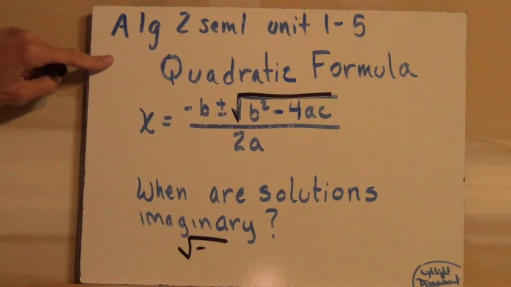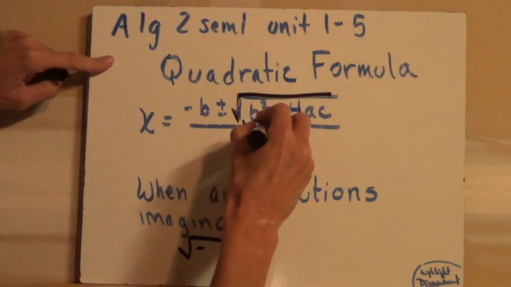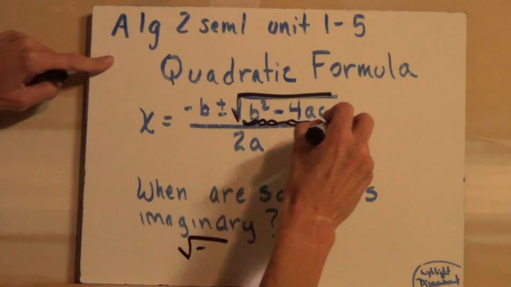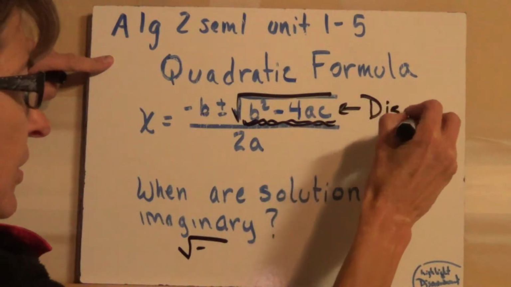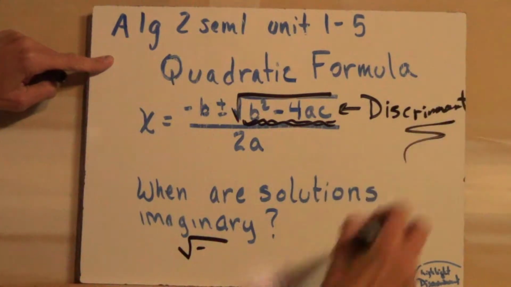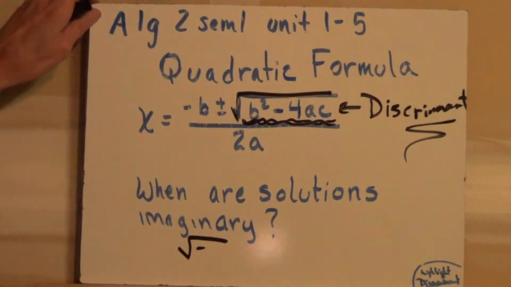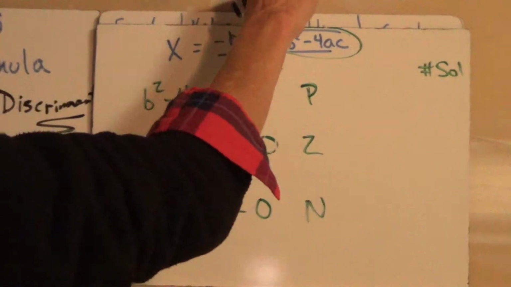What would cause it to be imaginary would be if this equals a negative number. Well, this happens to be called the discriminant. So you're going to hear me talk in class a lot about discriminants, because the discriminants tell us everything, whether it be imaginary or real.